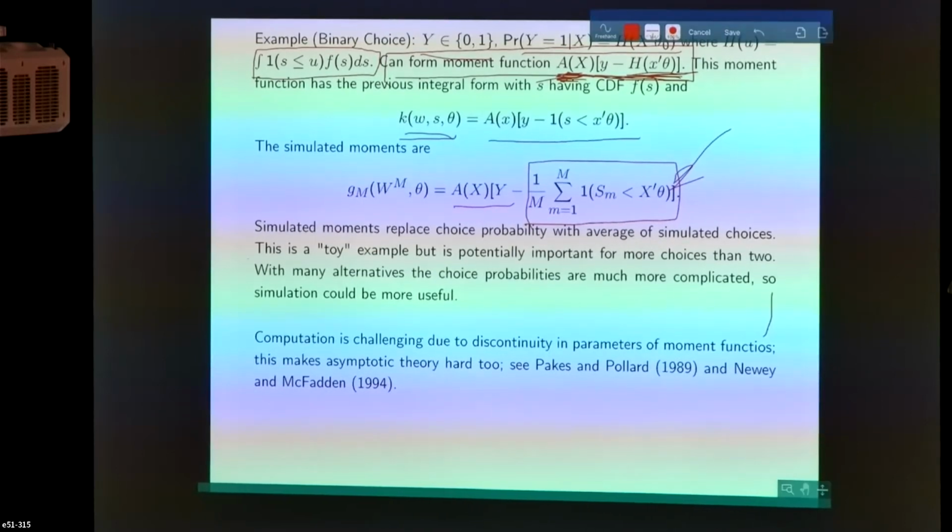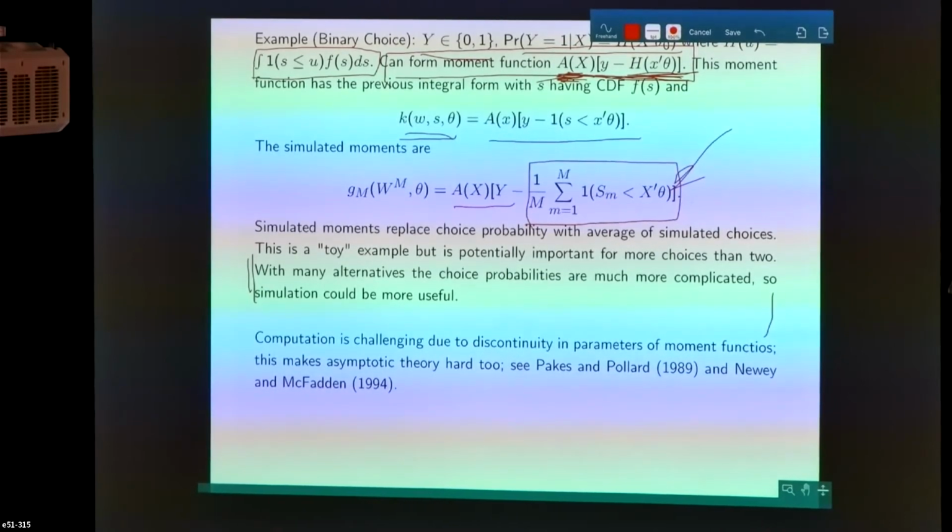We'll look in a few minutes at what this looks like for multinomial choice. It's worse, because if you're choosing over many choices, then when you draw simulation draws, you're not averaging over as many draws at different cases. You need many more simulation draws.